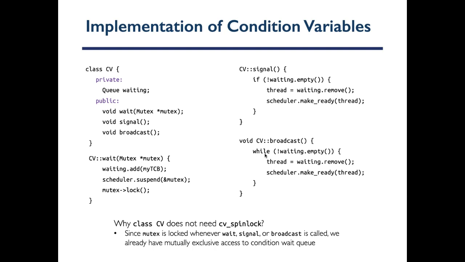So by default, if you follow the rules with condition variables, you basically have mutual exclusion when you're calling any of these functions, because you have to hold the mutex, and if you hold the mutex, we already have mutual exclusion, because only one thread can hold that mutex or can lock that mutex.